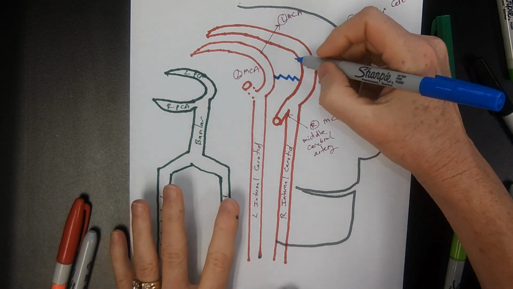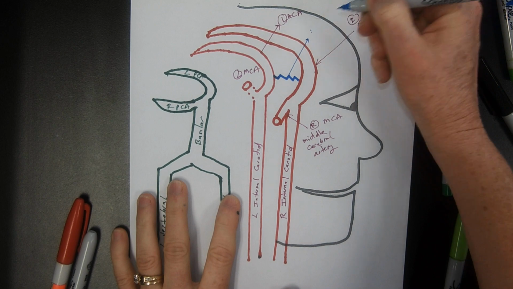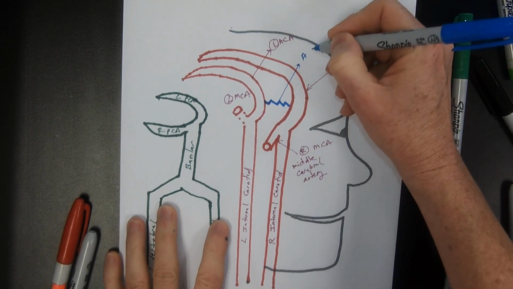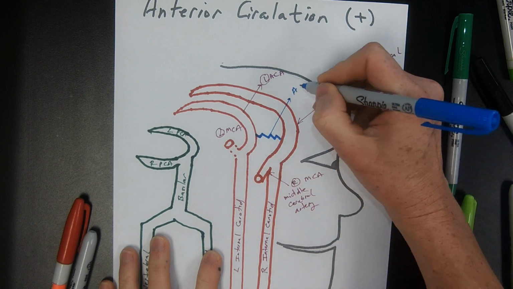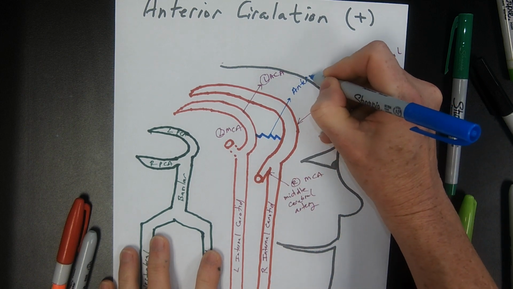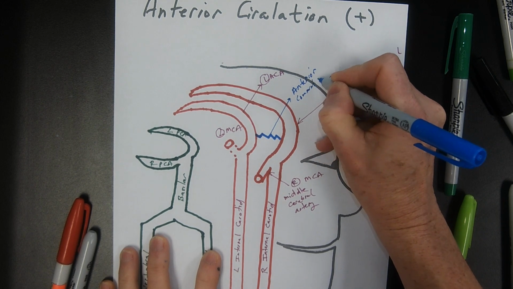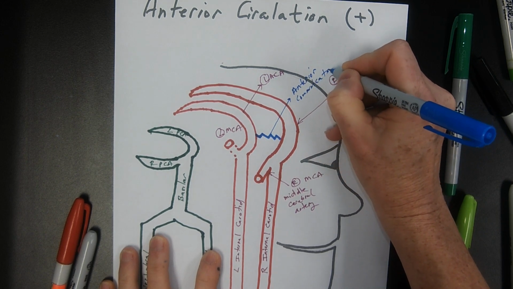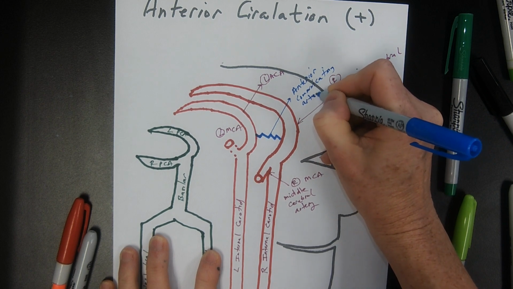It's kind of like an overflow system. This is called the anterior communicating artery. So it's connecting the anterior cerebral arteries. There's just one of these.